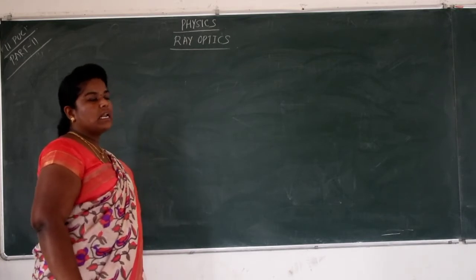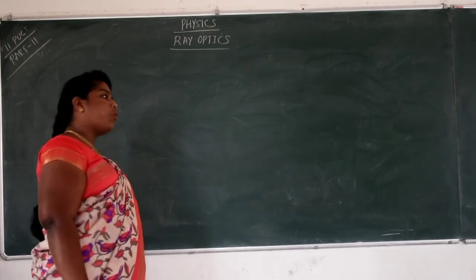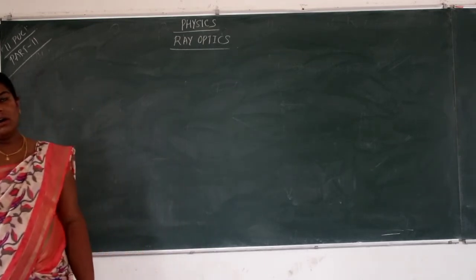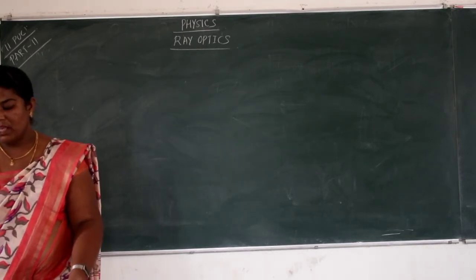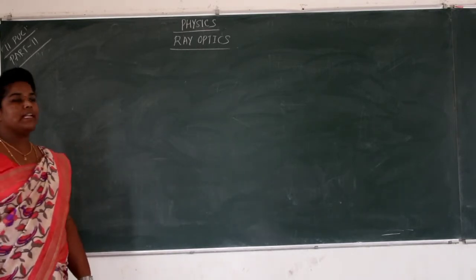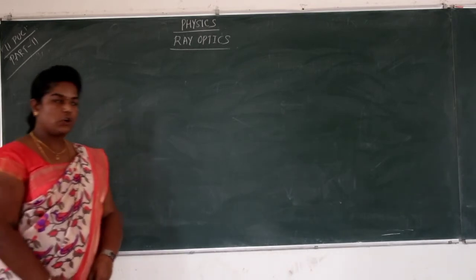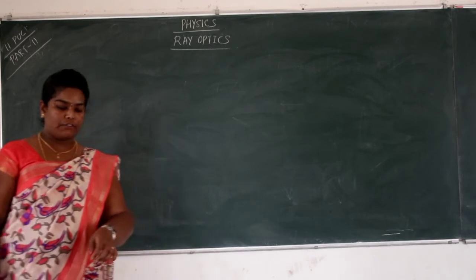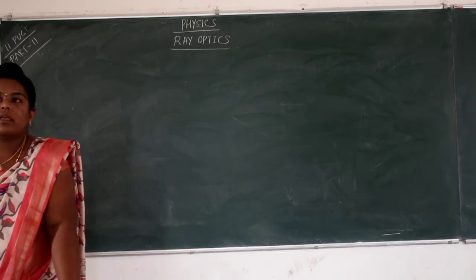Now we are moving towards the discussion of a reflecting telescope. What does reflecting indicate? If the telescope is made of lenses, it is said to be a refracting telescope. If the telescope is made up of mirrors, that is said to be a reflecting telescope.